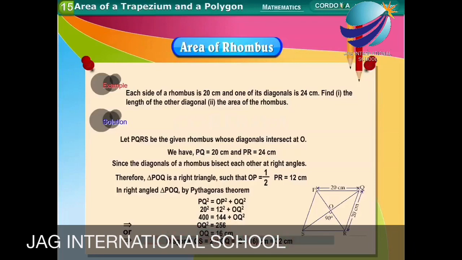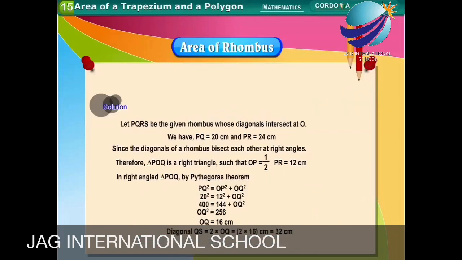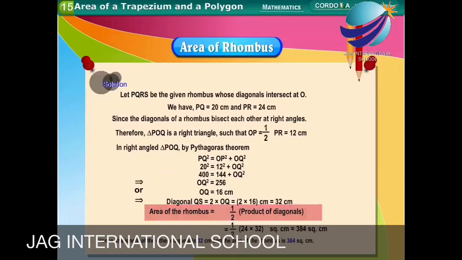This implies diagonal QS is equal to 2 into OQ, which is equal to 2 into 16 centimeters, which is equal to 32 centimeters. Therefore, area of the rhombus is equal to half product of diagonals, which is equal to half into 24 into 32 square centimeters, which is equal to 384 square centimeters.